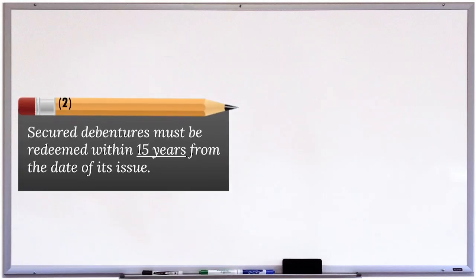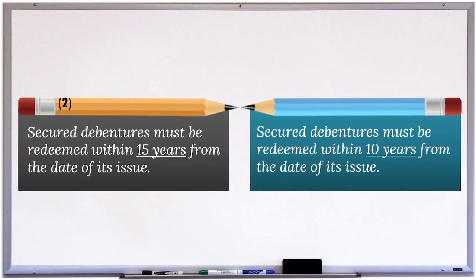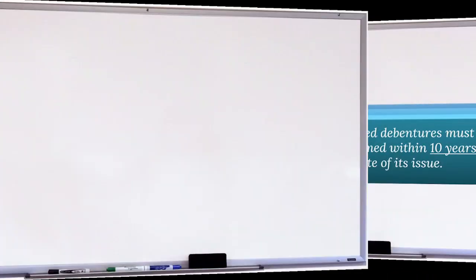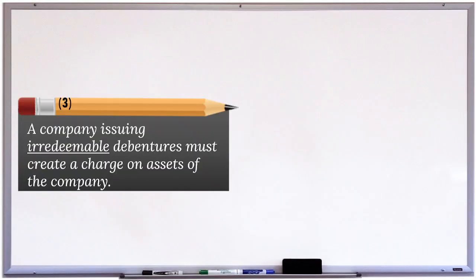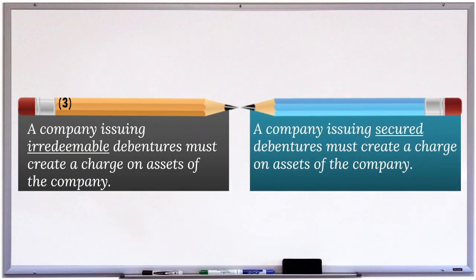Secured debentures must be redeemed within 15 years from the date of its issue. Answer. Secured debentures must be redeemed within 10 years from the date of its issue. 3. A company issuing irredeemable debentures must create a charge on assets of the company. Answer. A company issuing secured debentures must create a charge on assets of the company.